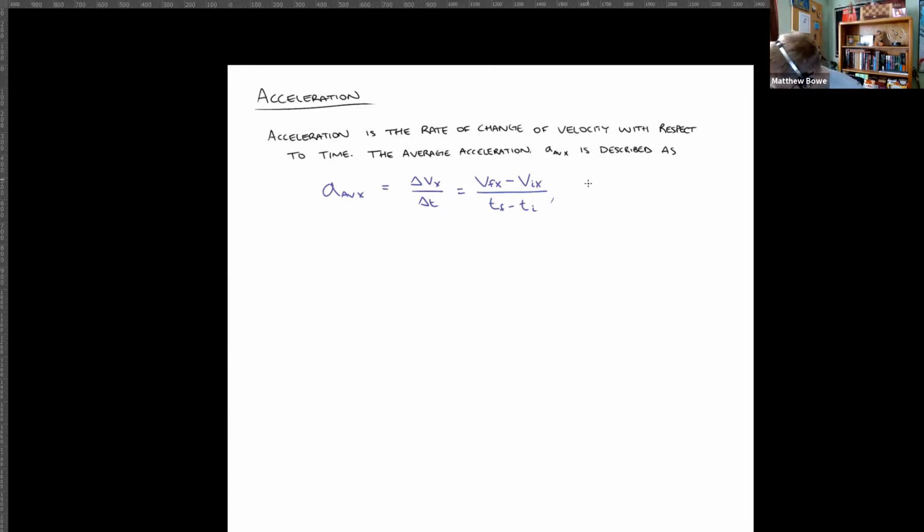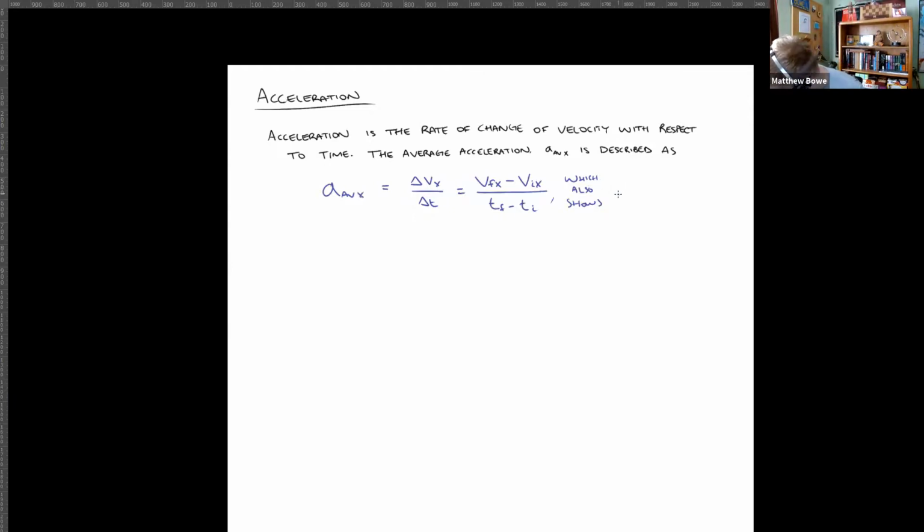To save room, I'll say which also shows, just like before, if I take this first bit and I multiply the delta t over, I can get a term for velocity.